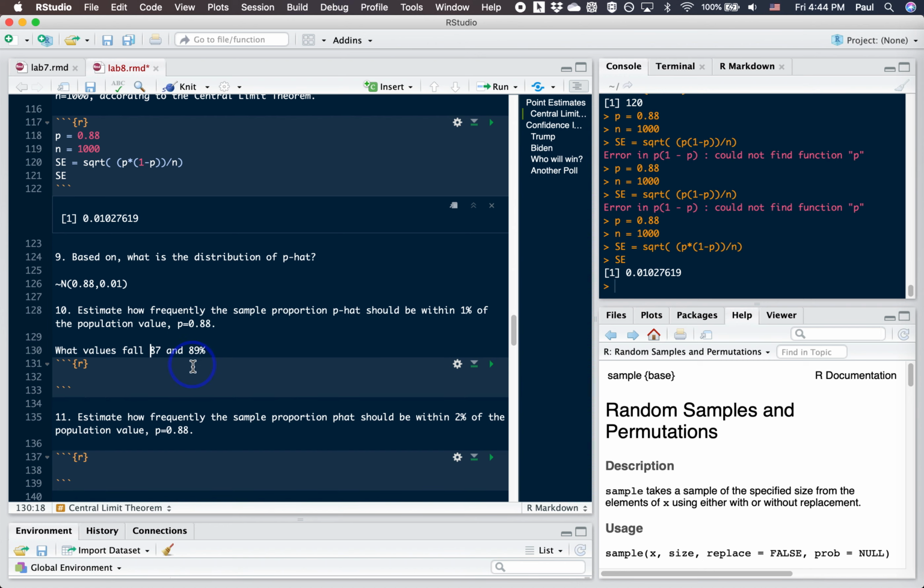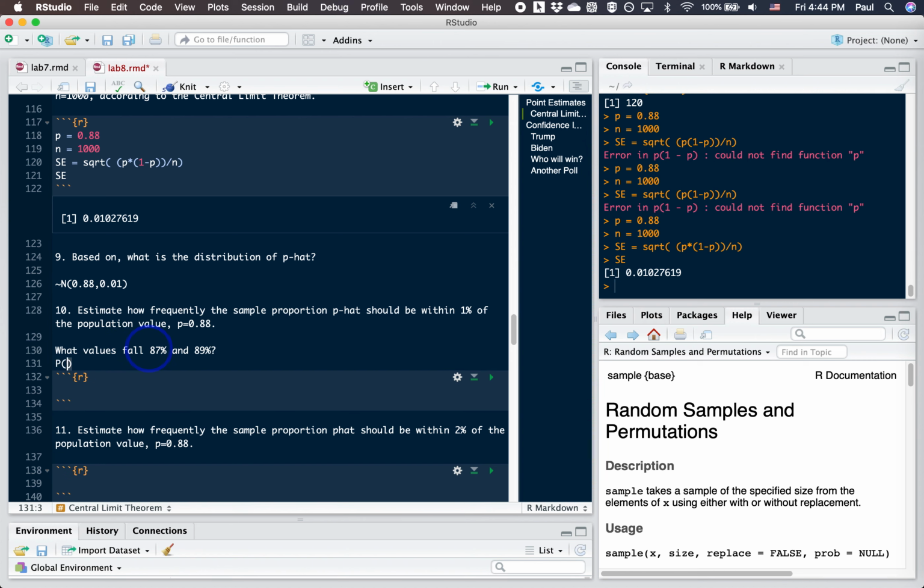That's what we're asking here. Since we know it's distributed normal, this is the same thing as asking, what's the probability that we're between 0.87 and 0.89 for a variable that's distributed normal with mean 0.88 and standard deviation 0.01?